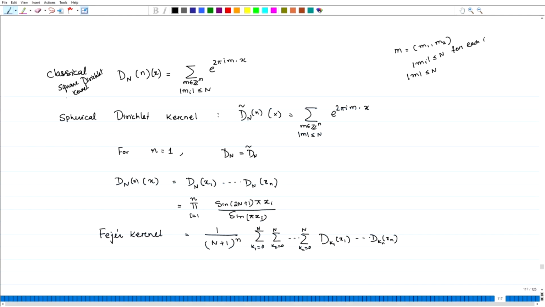This is the average of the product of the Dirichlet kernels. So, that is our Fejer kernel.